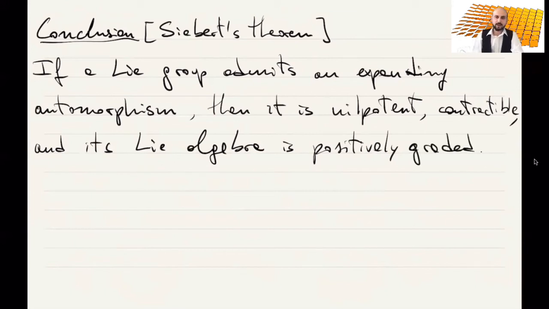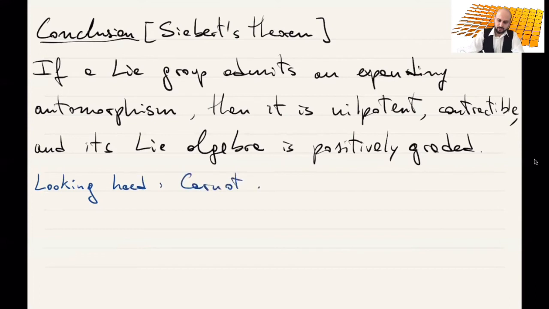Now at this moment, we can give the definition of Carnot groups from the algebraic point of view. I'll go back to the definition, but from this point of view of positively graded Lie algebras, I can go ahead and give you the definition of Carnot groups.